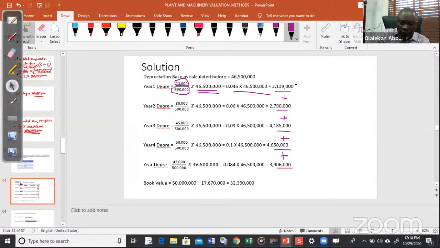All of these added together represent your accumulated depreciation. That's what you will remove from your cost to arrive at your book value, which is now 32,330. This is your book value.